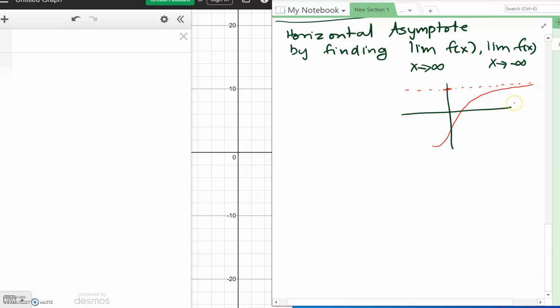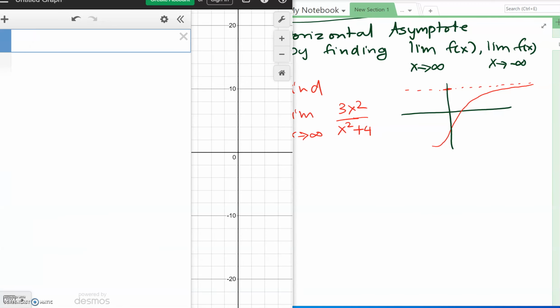So we're going to find the horizontal asymptote by finding the limit as x goes to infinity of 3x squared over x squared plus 4. If you have this function, as x goes to infinity, what happens to the height of the graph? We're going to do the numerical method, and maybe we can graph it first. We could just graph this function.